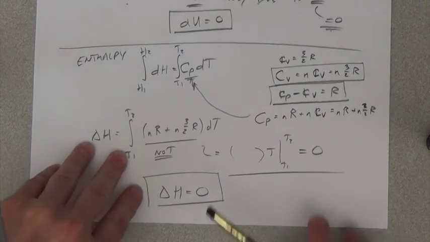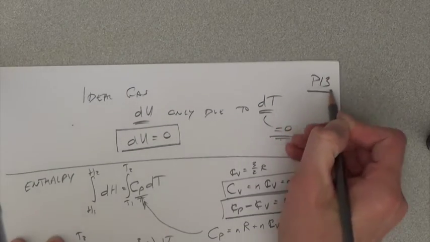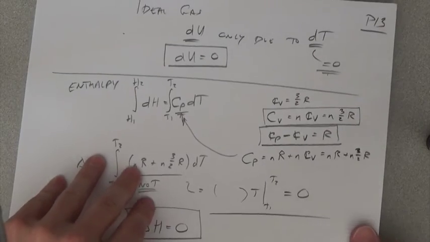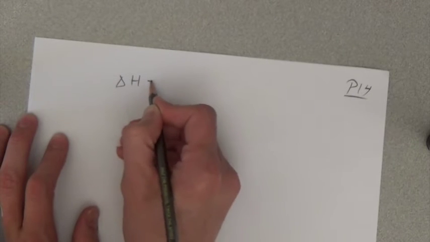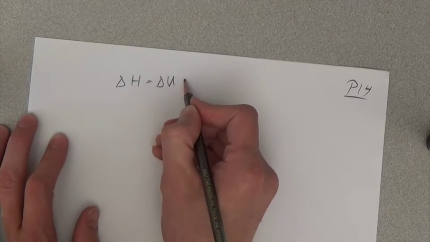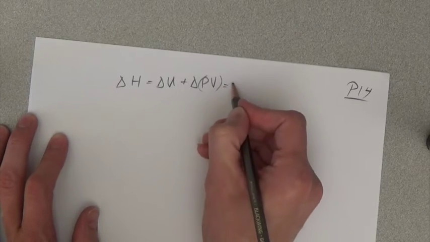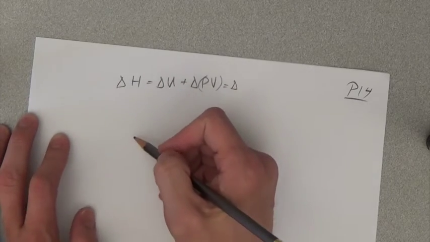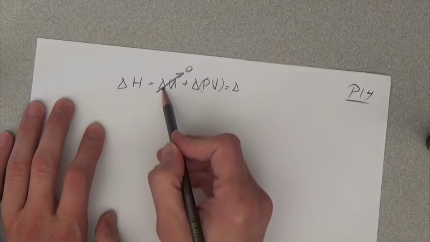The way that you could get at this in terms of work, if you wanted to, is you could say that delta H is equal to delta U plus delta PV, and again, delta U is 0.